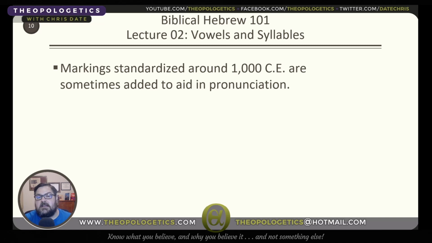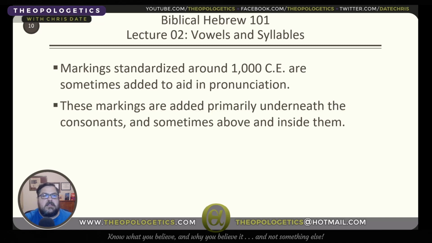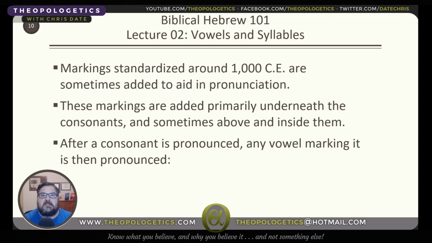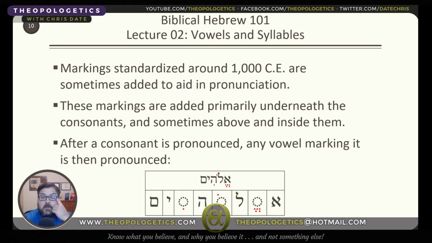This is a slide that I showed in Lecture 1. These markings are primarily added underneath the consonants, but sometimes also above and inside them. These markings, by the way, are what we're going to be learning in today's lecture. The way these work is that in any given syllable, after the consonant is pronounced, then any vowel marking with it is pronounced immediately after the consonant is pronounced. So this is the word Elohim, and the consonants are Aleph, Lamed, He, Yod, and Mem.